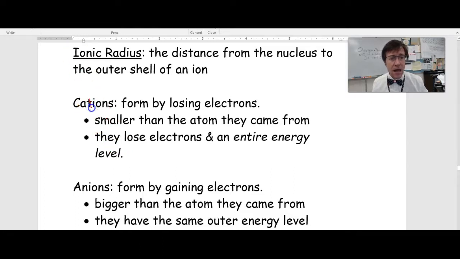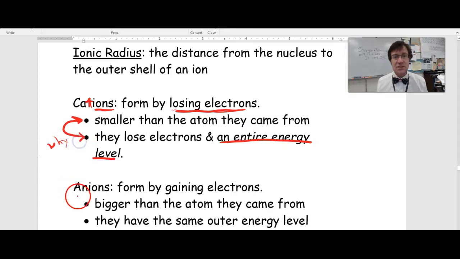Now, remember, cations have this T to say that it's a positively charged ion, right? If it's going to be positive, it has to lose electrons. Now, when atoms lose electrons, they lose an entire energy level, and that is why they are smaller.